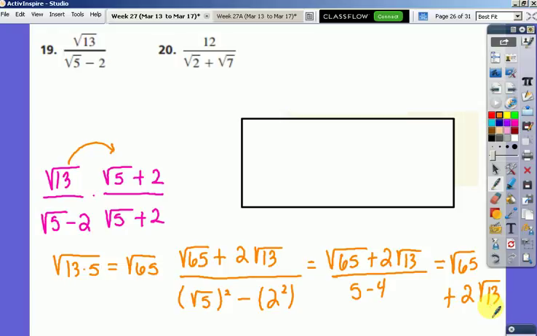The next one. What's the conjugate pair to root 2 plus root 7? Yeah. Root 2 minus root 7, or square root of 2 minus square root of 7.